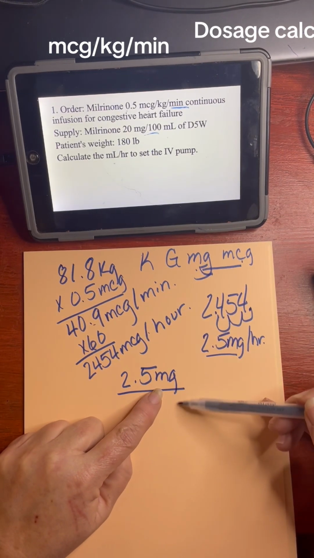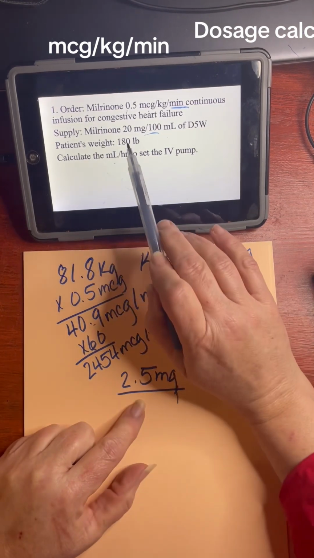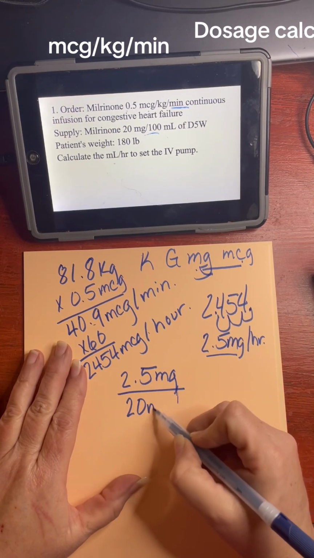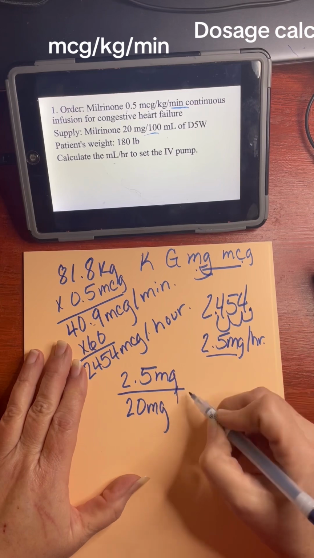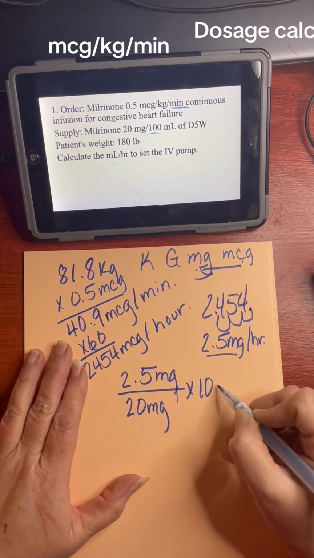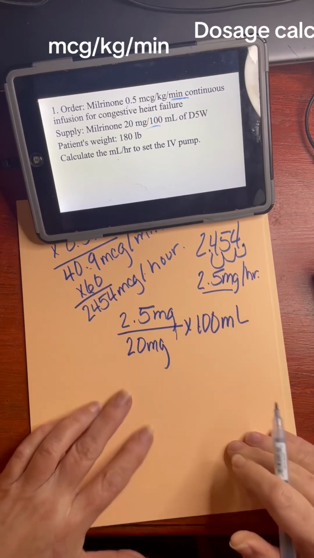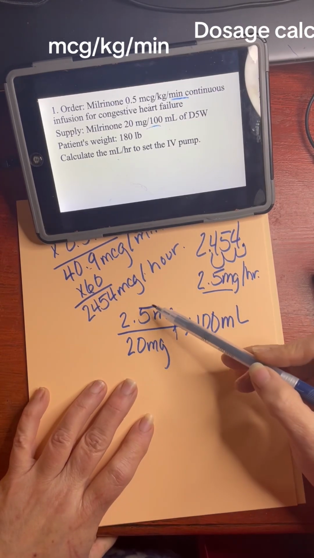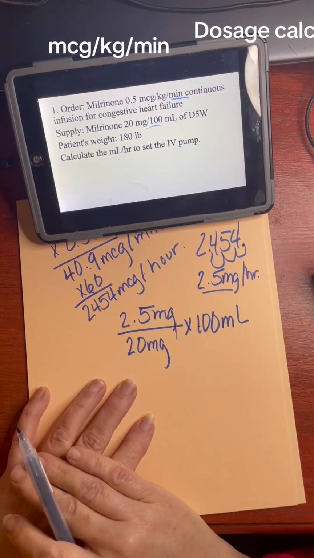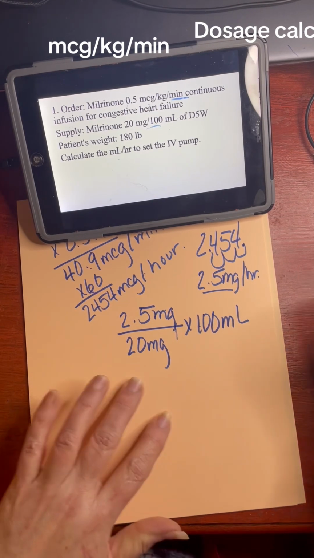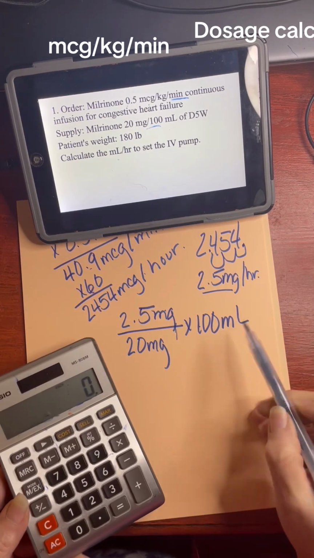Because it got to have the same last name to go in the fraction. 20, you see it? 20, zoom in if you can't see it, per 100 mLs. And then we're doing the math. This fraction says this divided by that. And then we're going to multiply it by that. And it's going to tell us the milliliters per hour.